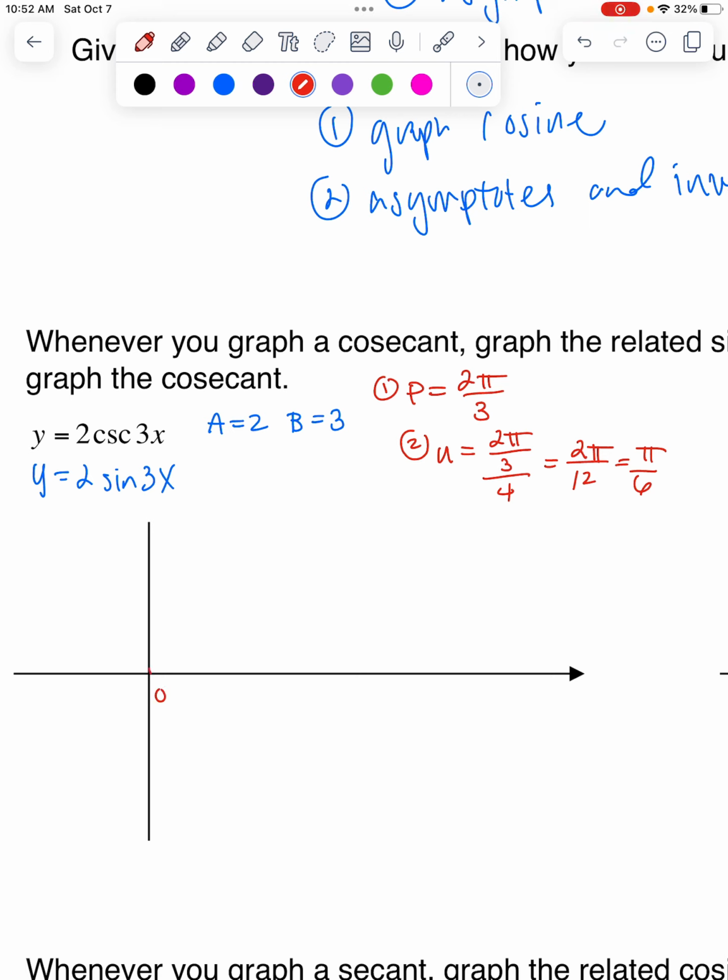So start at 0 radians, we have pi over 6, 2 pi over 6, which is pi over 3, 3 pi over 6, which gives us pi over 2, and then we have our 2 pi over 3. Okay, we have an amplitude of 2. So there's our y-axis. Then I'm going to graph out my sine graph with a dotted line.